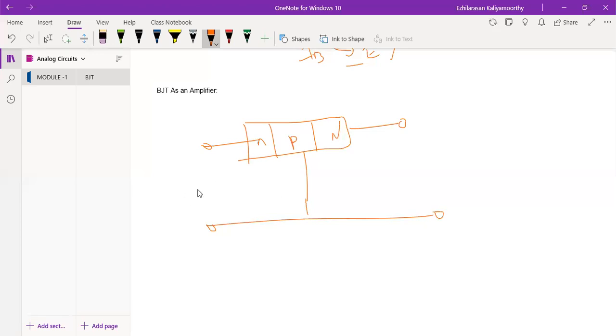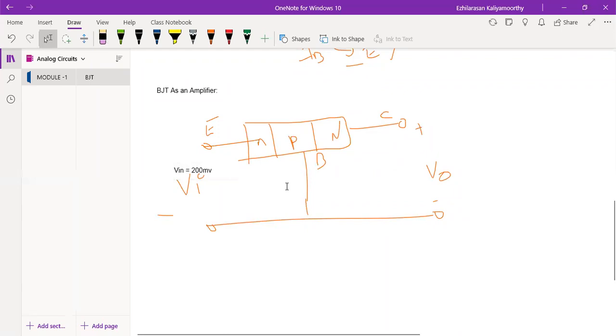This will be your input terminal, plus and minus, and this is the Vout terminal. This is the emitter terminal, this is the collector, this is the base. Now I'm going to take Vi equal to 200 millivolt.